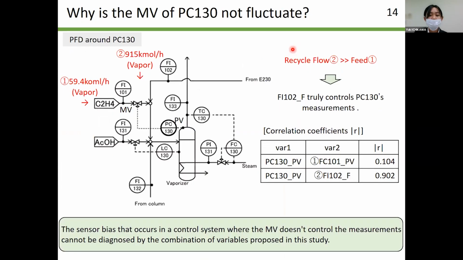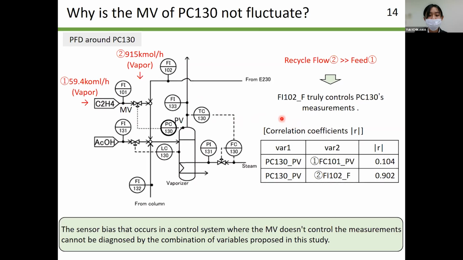We will explain why the MV did not fluctuate greatly. PC130 is a control system that controls the vaporizer pressure by adjusting the feed of ethylene. However, since the recycle flow rate is much larger than the newly added feed, FI102F truly controls the PC130 measurements.